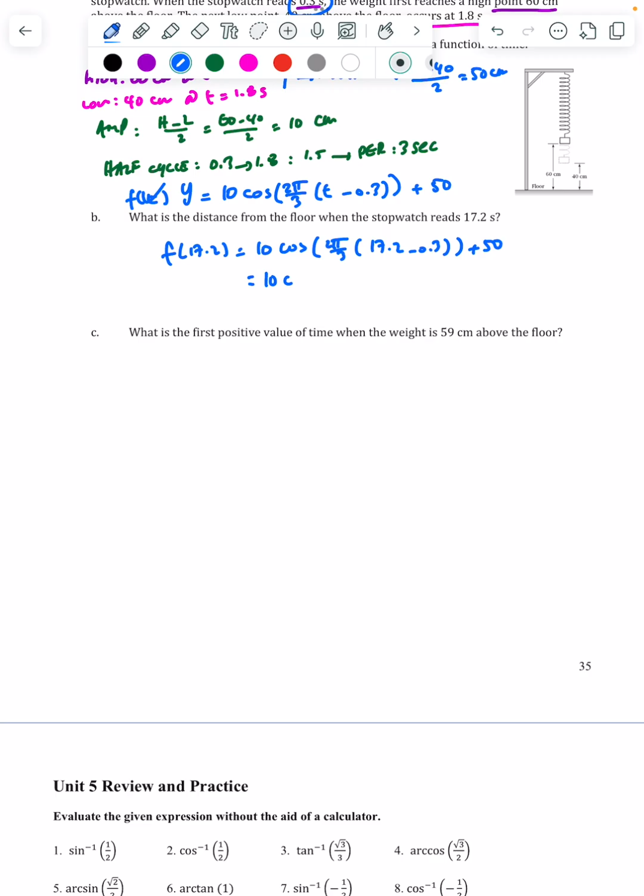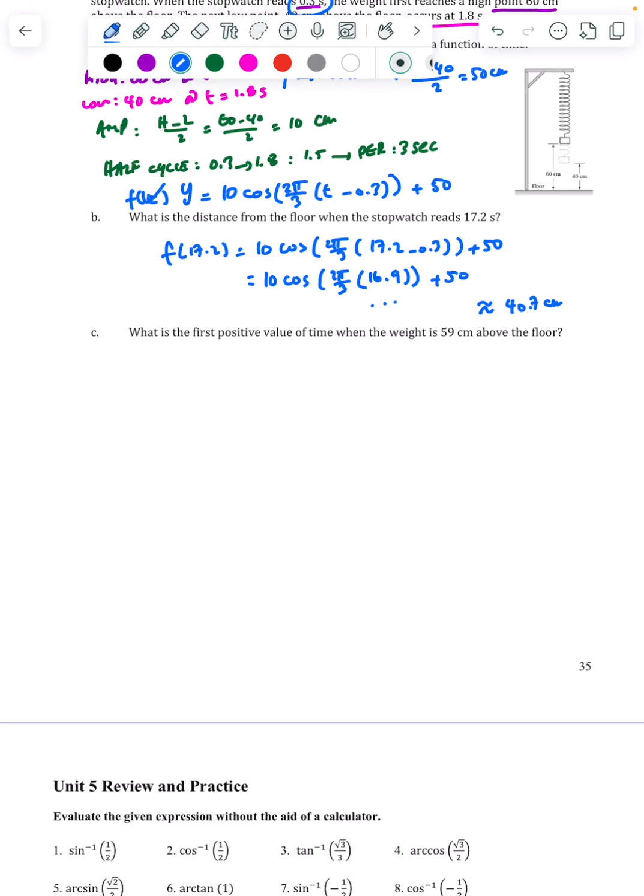This is the point, you can find all these values using a calculator. Again, the most important piece is the setup. This is 16.9, and then plus 50. You can find the number. This will be approximately 40.7 centimeters, I believe.